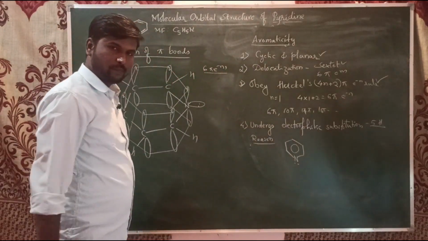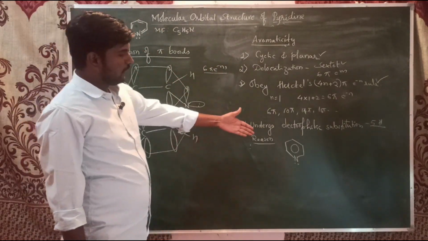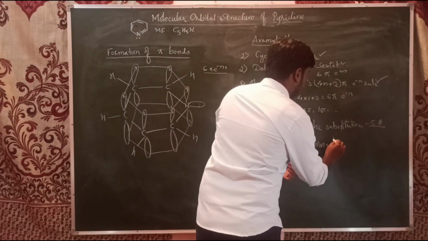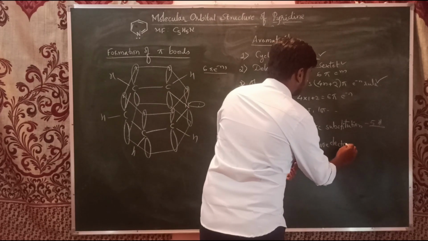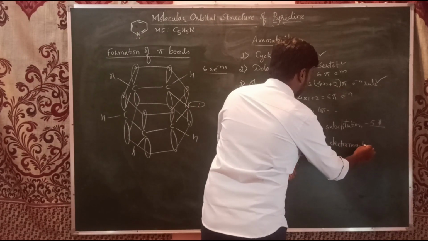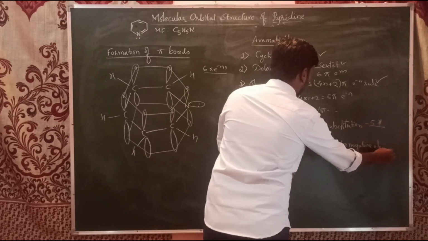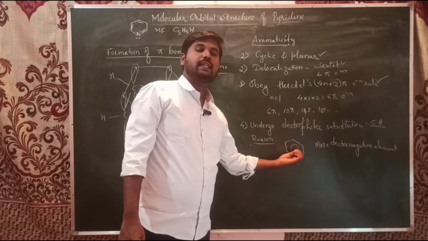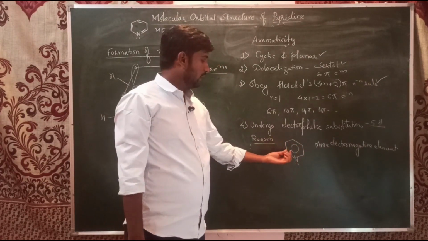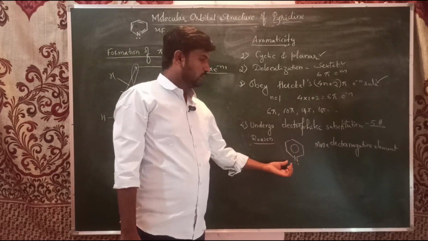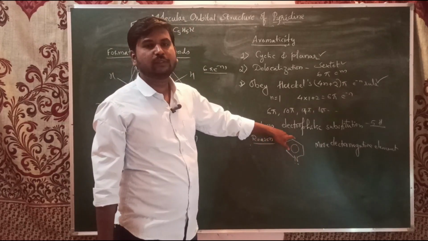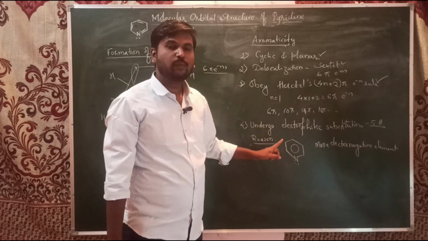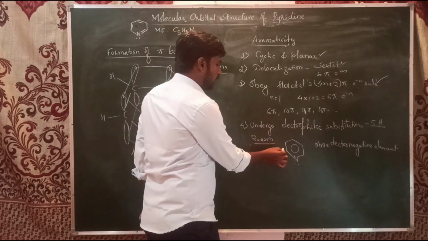Nitrogen, as it is a more electronegative element, attracts the pi electrons towards itself, so a partial positivity may occur on each carbon.